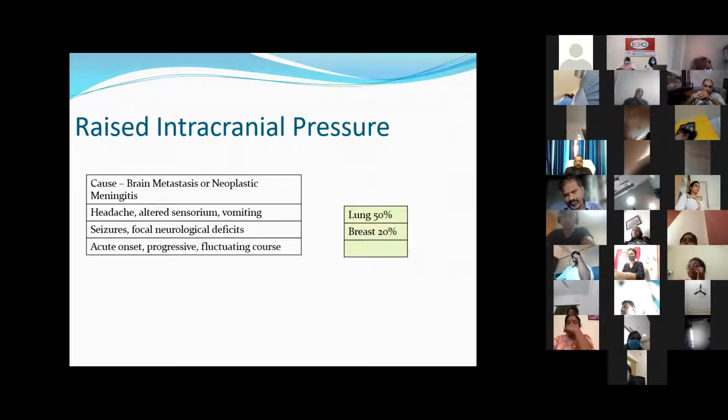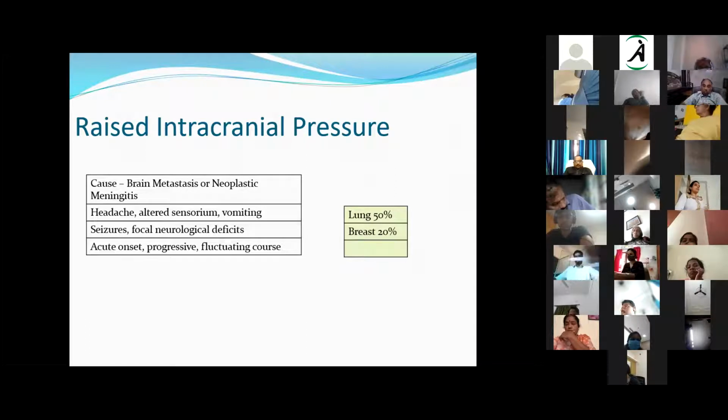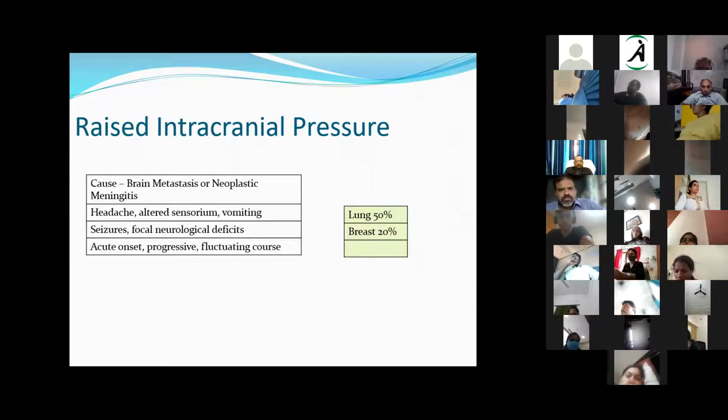So you know how it presents. It presents with blurring of vision, projectile vomiting, altered sensorium, intractable headache, sometimes seizure, or any focal neurological deficit. And it will always be an acute onset, progressive, and fluctuating course.